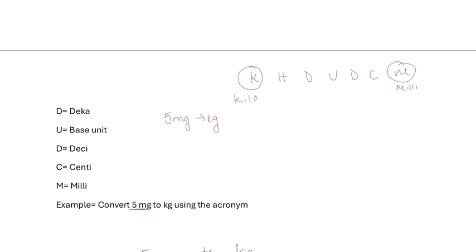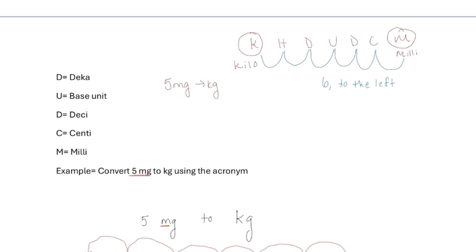And we'll see how many jumps we must take to get from our starting unit to our final unit. So we'll travel all the way to the left, and we'll note that we took 6 jumps in the left-hand direction. So what this tells us is this is the direction that we're going to move our decimal place.